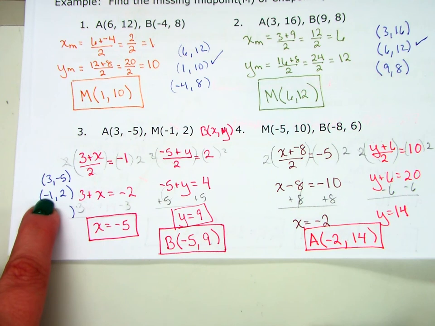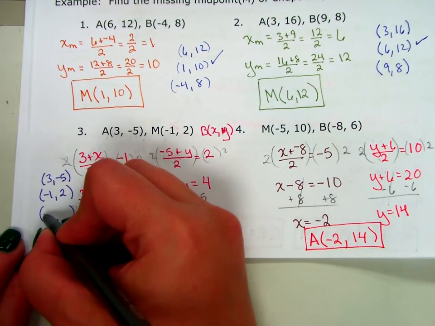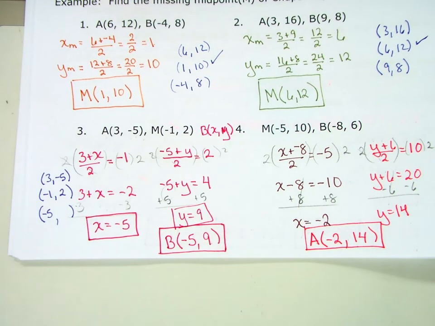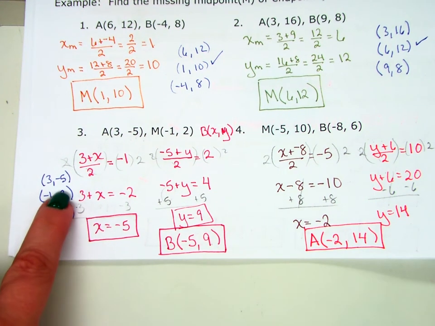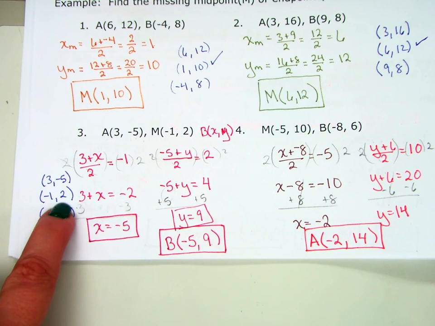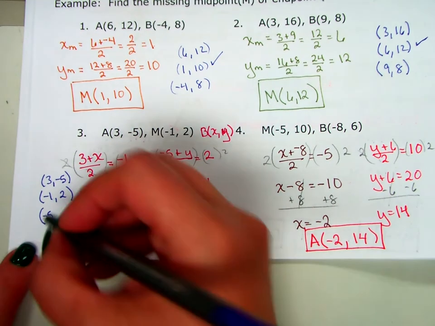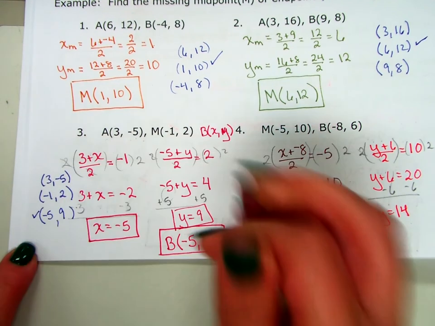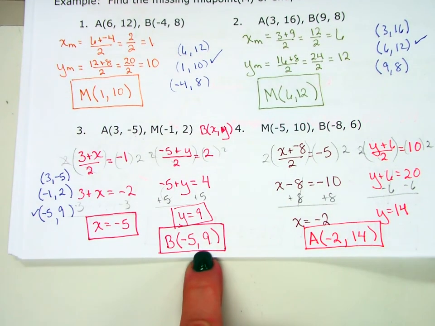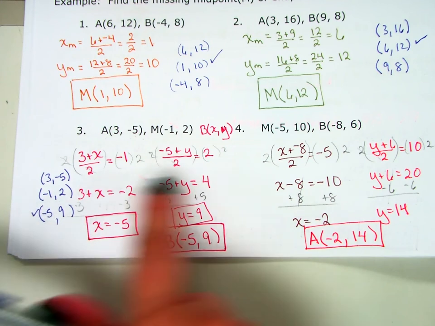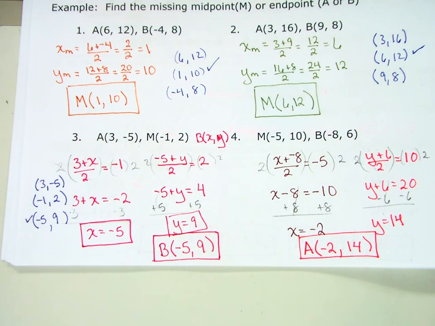If I subtract another 4 from negative 1, look, I'm at negative 5. I didn't have to do any math at all. From negative 5 up to 2, I have to increase by 7. So if I increase 2 by 7, I'm all the way up to 9. I only had to do that much work instead of this much work. I showed you that second because I wanted you to see the math.